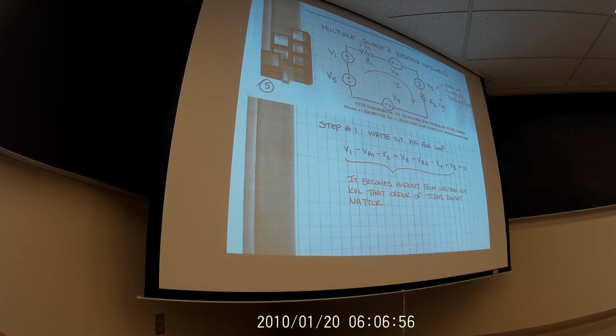We could have easily taken the approach that he was saying and gone through all the sources first and said V1 minus V2 plus V3 minus V4 plus V5 and then gone back and done the others. It would have given us the same thing.